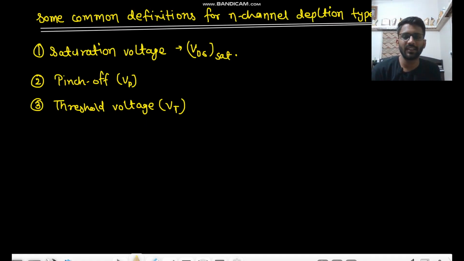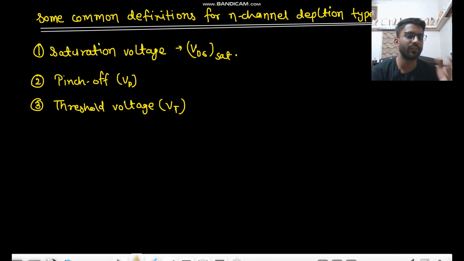Now we will see some common definitions for the N-channel depletion type MOSFET, that are written there. First is saturation voltage. What is the saturation voltage? It is the value of VDS, the drain to source voltage, at which the drain side of the MOSFET gets depleted of charge carriers.